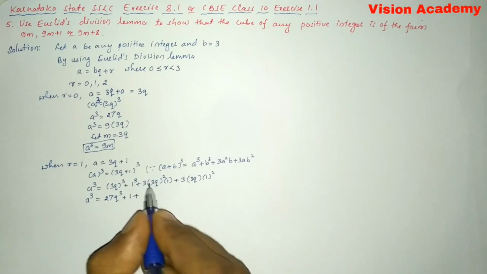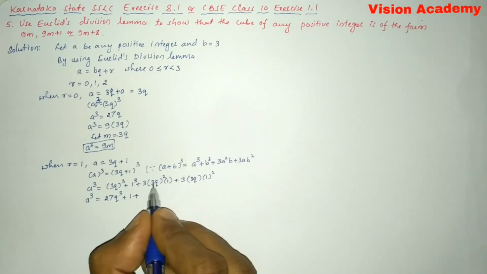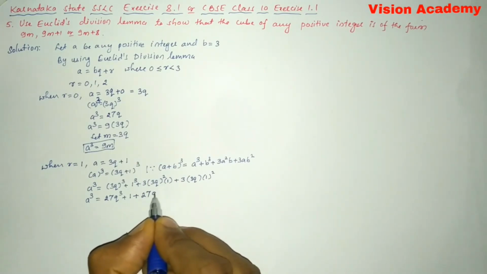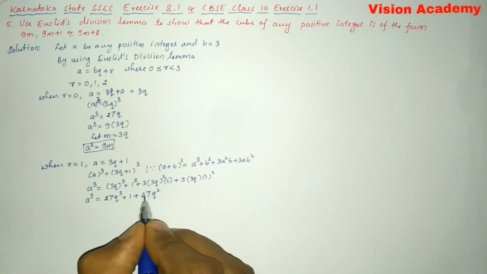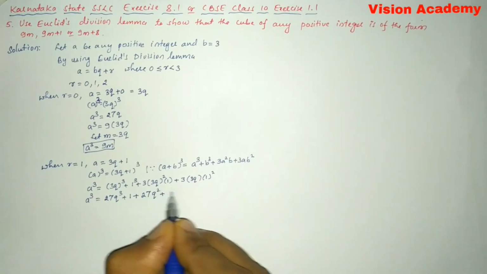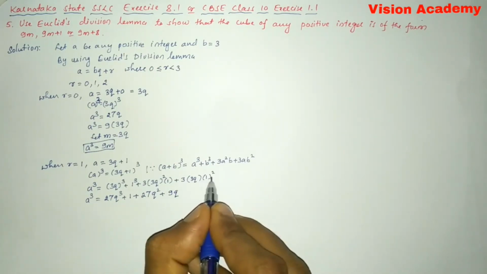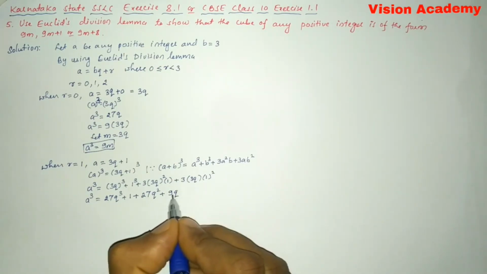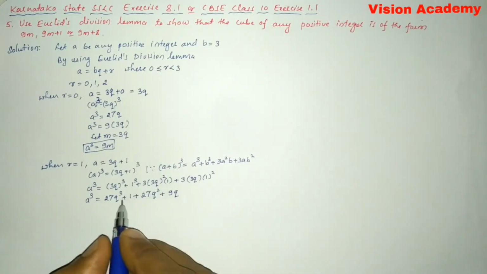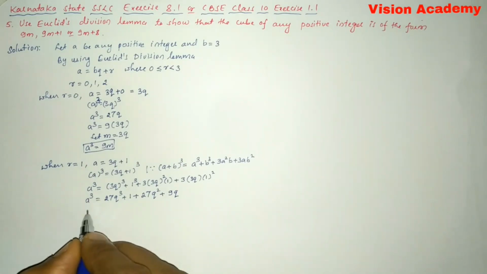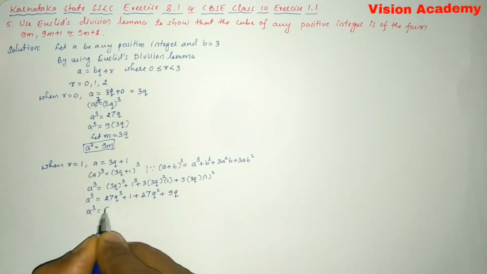Next plus 3 3s are 9, 9 3s are 27q square into 1 is 27q square plus 3 3s are 9q, 9q into 1 square is 1, 1 into 9q is 9q only. Here let us take common as 9.